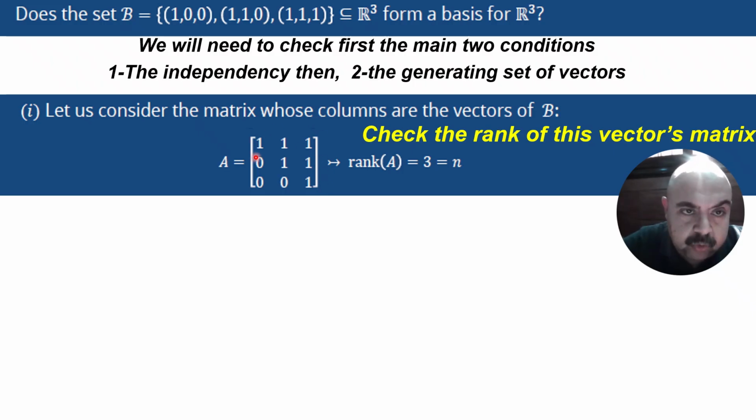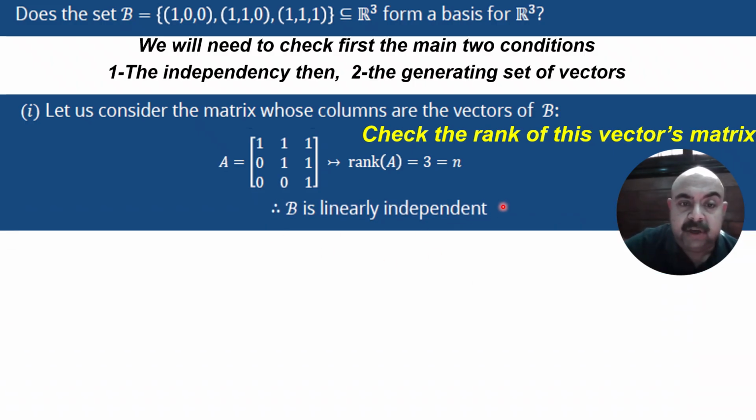If you look closely, you will find this matrix has rank 3. It is a 3 by 3 matrix, leading to a unique solution, and the vectors are linearly independent.